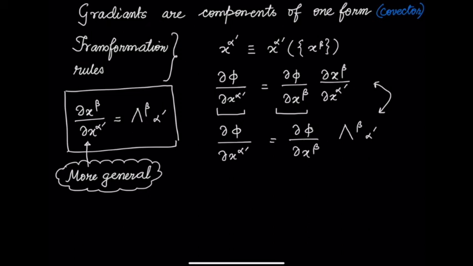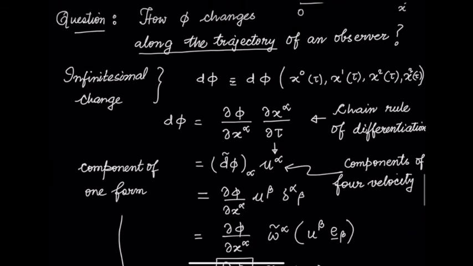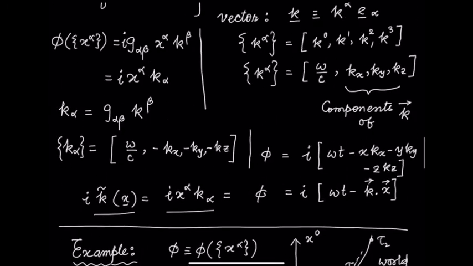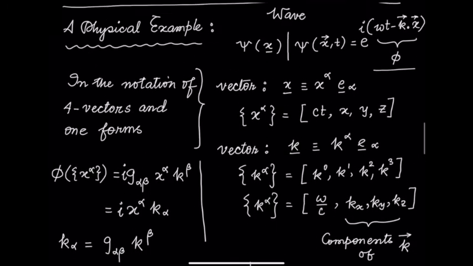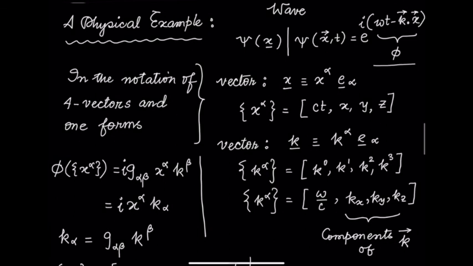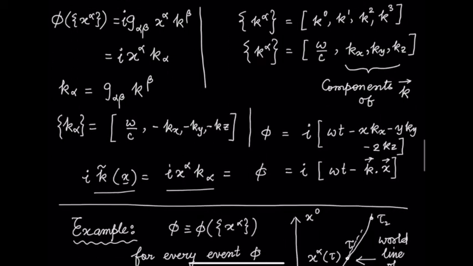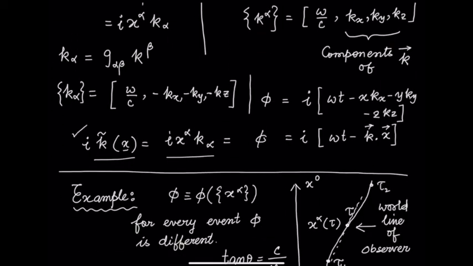Okay, so what you have seen here is, first, we looked at a wave and saw how, in a coordinate independent form, the phase of the wave, which is a scalar, can be written. So this is the coordinate independent form.